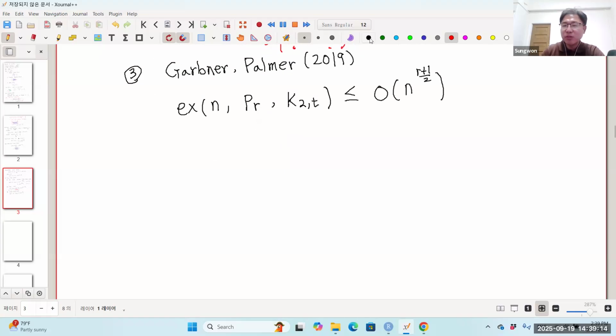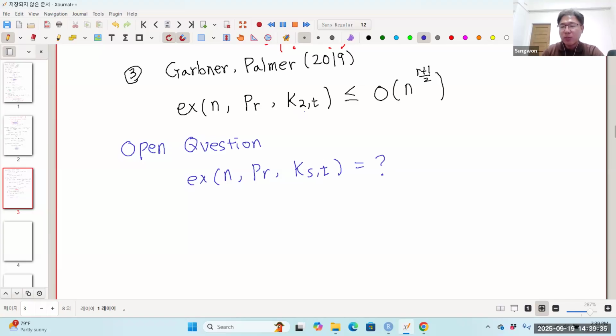So here is an open question that is not proved yet. What is the extremal number of P_R when K_S,T is forbidden? Here we have a specific case when S is 2, but what would it be for general S?